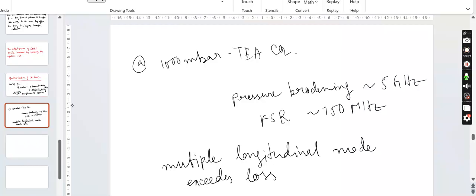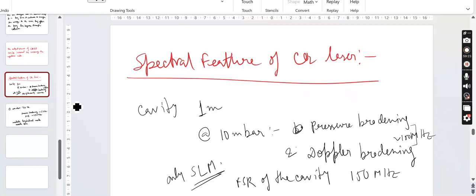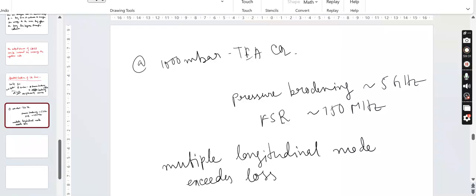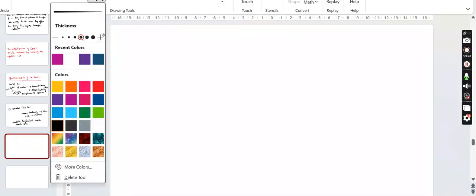So when we get SLM, this is a much purer spectrum. So we increase power and pressure at the cost of this purity, basically. So how can we gain SLM emission? That's the next problem for us.